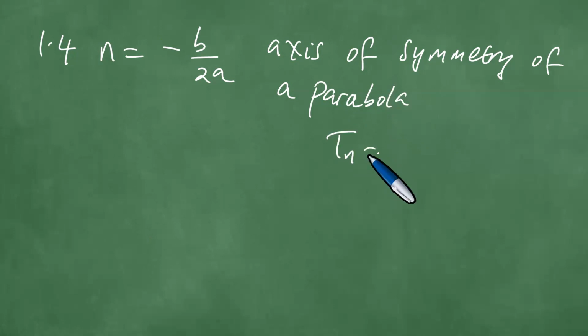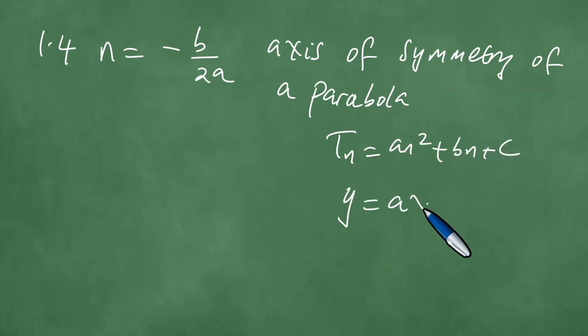A parabola is of the form Tn equals an squared plus bn plus c. Sometimes we write it as y equals ax squared plus bx plus c. So this is the parabola we're dealing with.